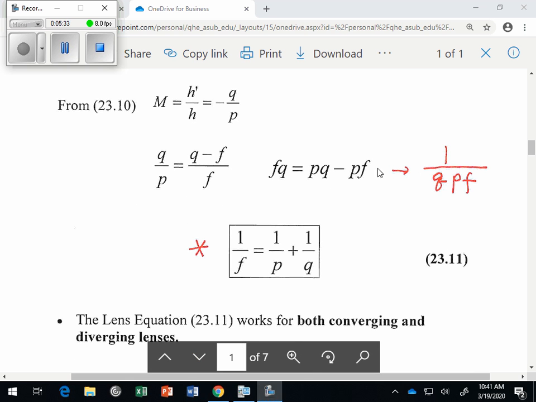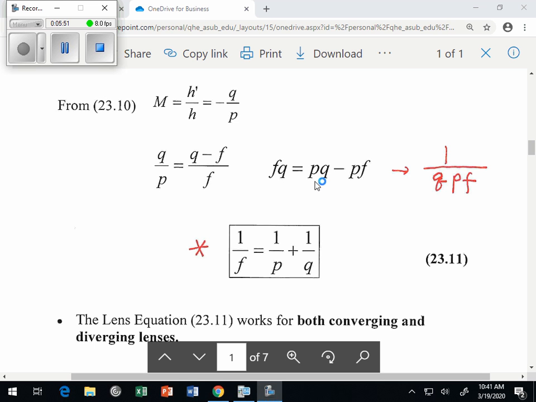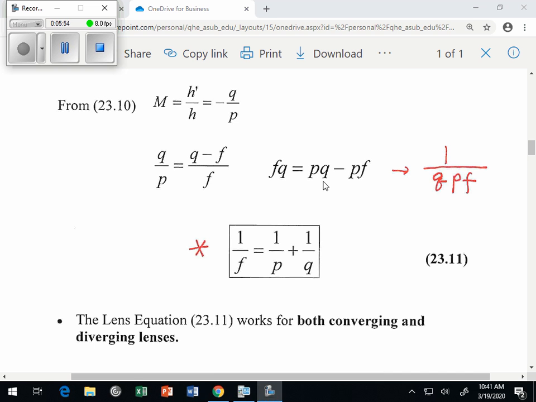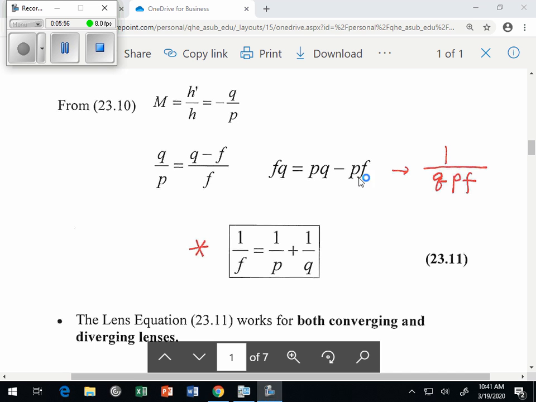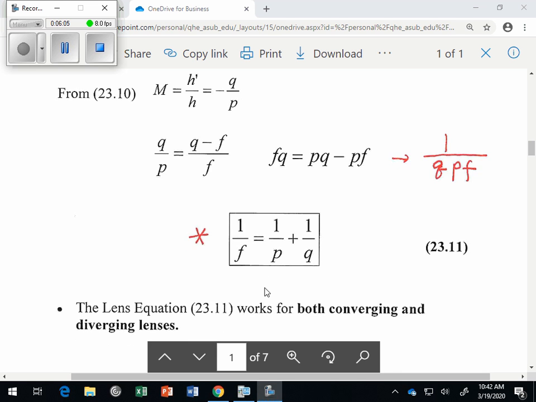Now, if we multiply both sides by 1 over QPF, or we could say divide both sides by QPF, this side divided by QPF will give you 1 over p. This one divided by QPF will give you 1 over f. Then this term divided by QPF will give you 1 over q.